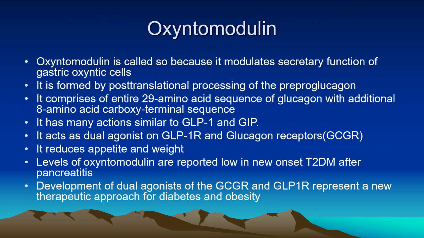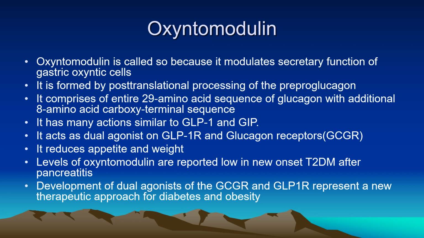Oxyntomodulin is another incretin which is increasingly being studied nowadays. It is called so because it modulates secretory function of the gastric oxyntic cells. It is also formed by post-translational processing of pre-pro-glucagon. It comprises the entire 29 amino acid sequence of glucagon and has an additional 8 amino acid carboxy terminal sequence also.